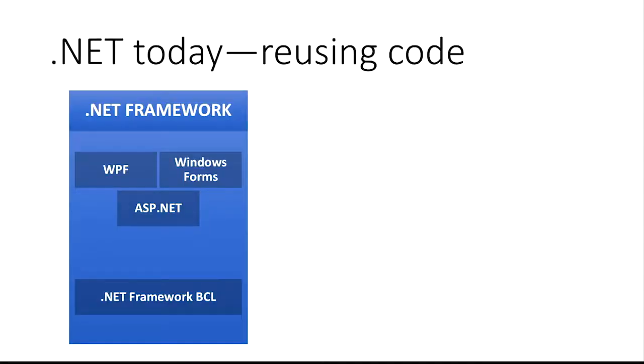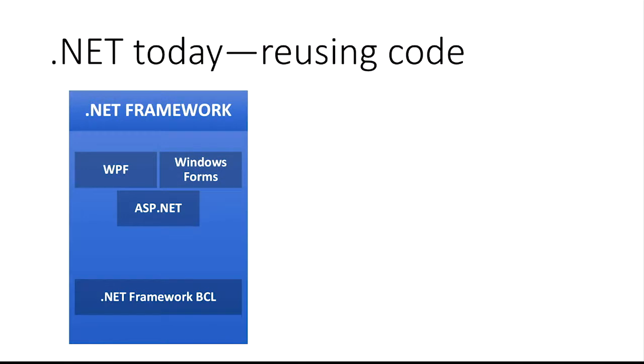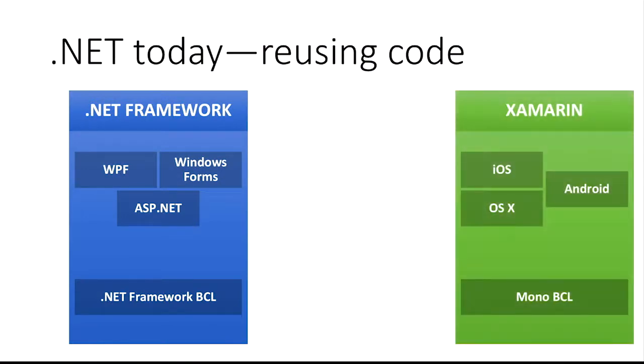So .NET Standard solves a problem that you could run into because of all the stuff you can do with .NET. .NET is an amazing framework that you can use to build things like WPF, WinForms, and ASP.NET on the .NET Framework. There's also Xamarin, which you saw in the keynote, building great things for mobile.